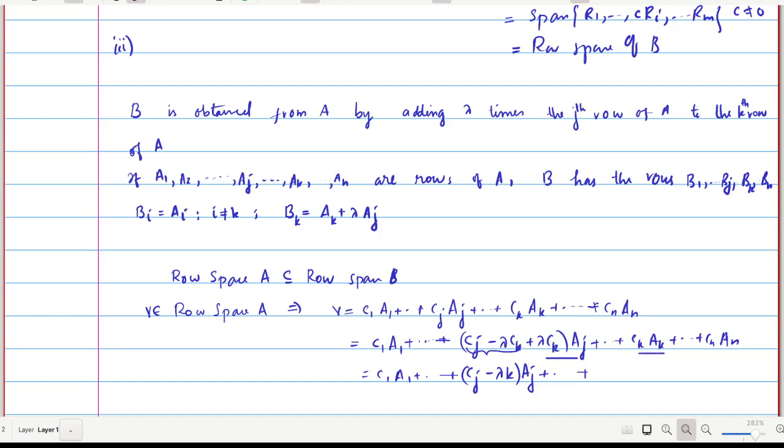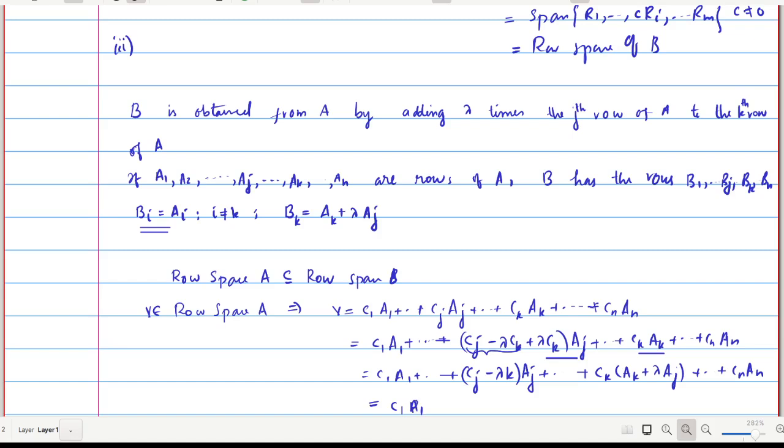Okay. So we can take Ck out. The rest will be Ak plus lambda times Aj. That is in the kth position, and the rest of the things are the same, so that is An. We write this as equal to C1 A1. But we know that A1 is the same as B1, because Ai is equal to Bi for i not equal to k.